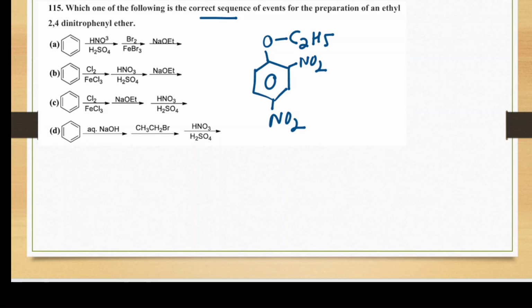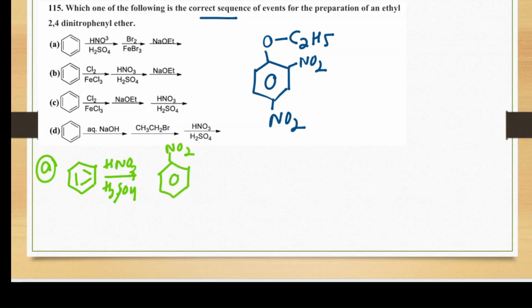So through path A, if we follow it, what species do we get? This is the benzene ring. Here HNO3 and H2SO4 will do the nitration of this particular molecule, so we will get this species with the NO2 group present. Next is Br2 with FeBr3, which is going to do the bromination.